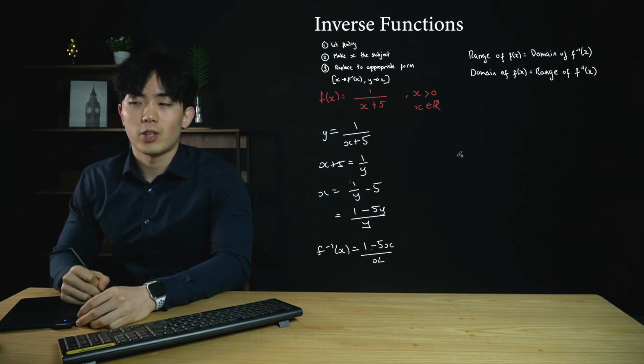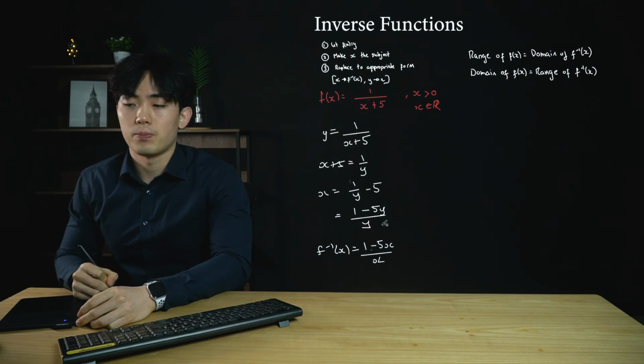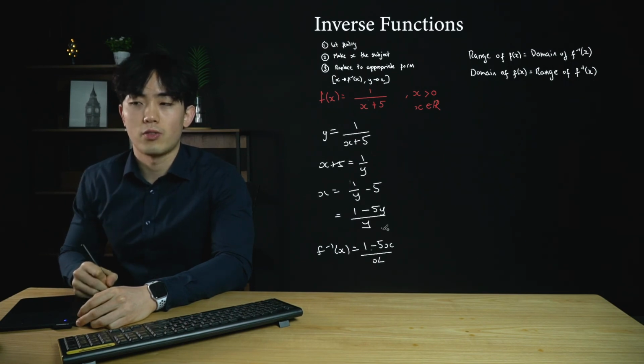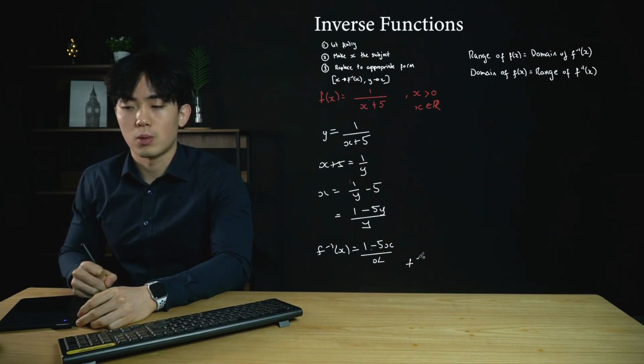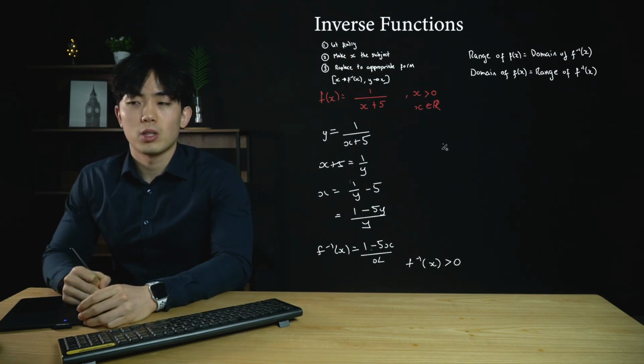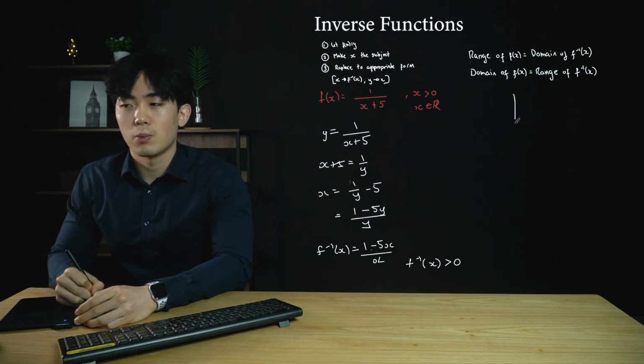Right, so straight away we can find the range of the inverse because we're given the domain of the function. The range will be the same as the domain of the function, meaning that f to the minus 1 of x will be bigger than 0. And we also need to find the domain, so we just have to find the range of the original function. The easiest way, as we said before, is by plotting a graph.